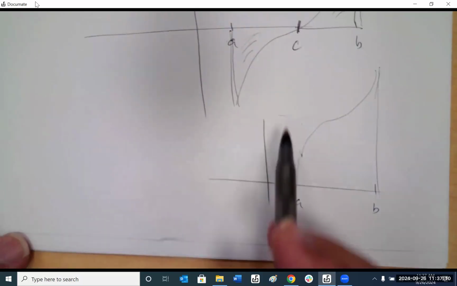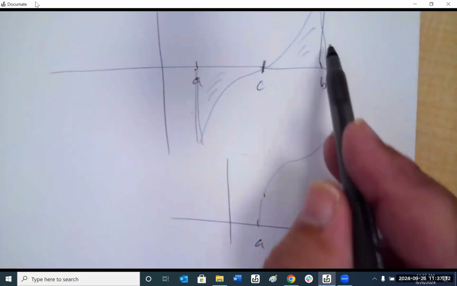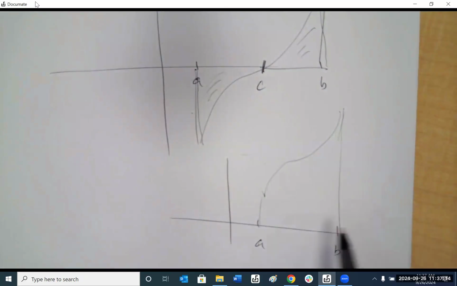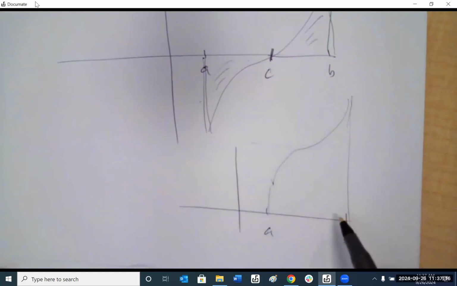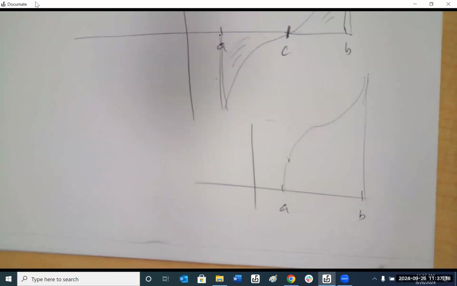If it's left and right, we'll have some parts that are negative, some parts that are positive. But if it's shifted up, all parts are positive, or shifted down, all parts are negative. So that's why when it comes to transformations, this doesn't work. This one has to be a continuous function on a symmetric interval. Whatever the interval is, it's got to be symmetric.